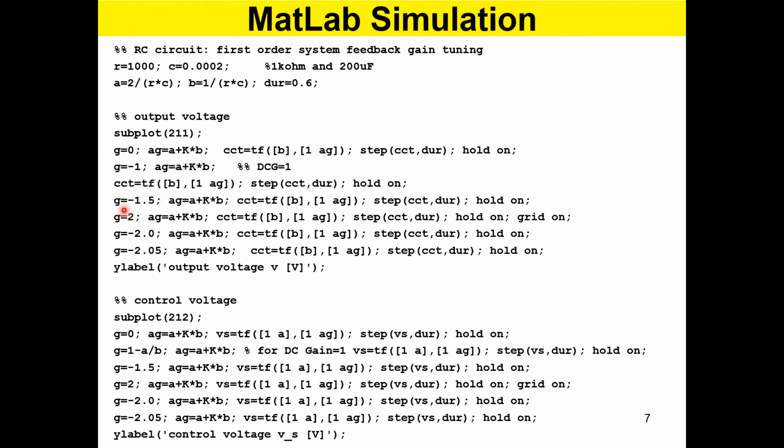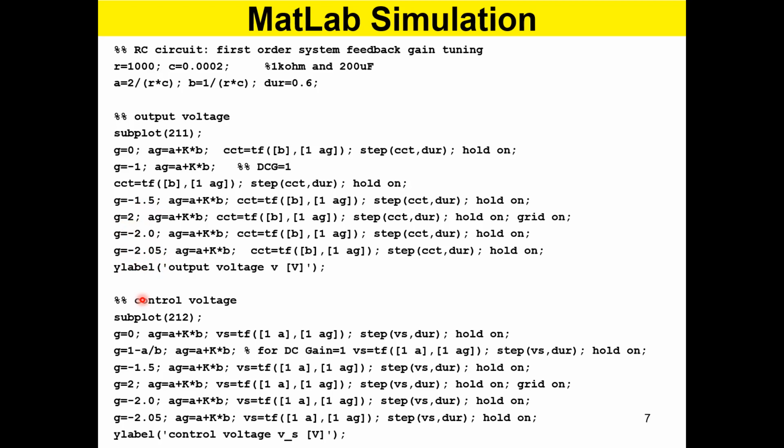And I have different gains, -1.5, 2, -2, 2.5, minus, like that, different values, right? Because we know the interesting values are like K equals 0, open loop plant, and K equals -2, rigid body dynamics, -1, unity DC gain, and when it is below -2, it's unstable.